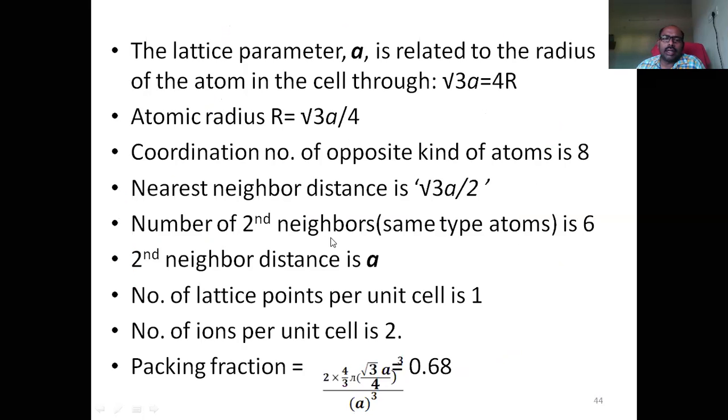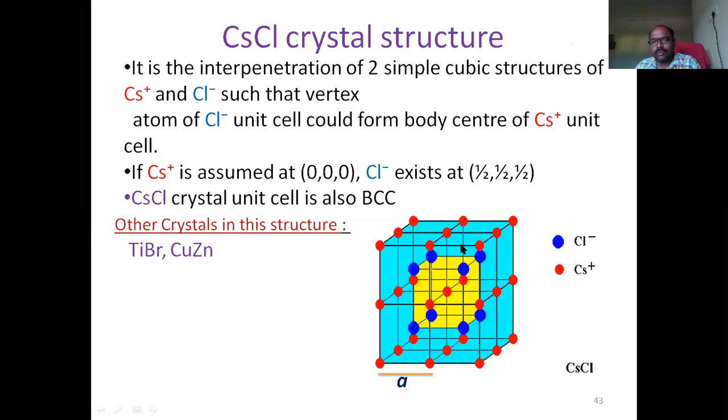Number of second nearest neighbors: the same type of atom we are getting. So it was the first nearest neighbor, and the second nearest neighbor is this point, along the side length, which is at a distance a.